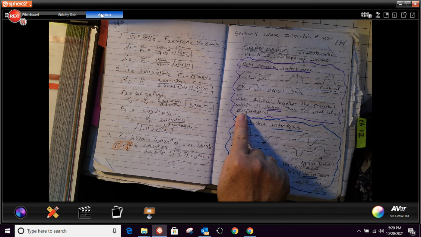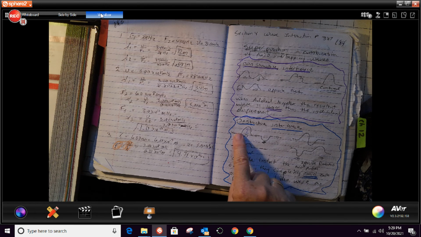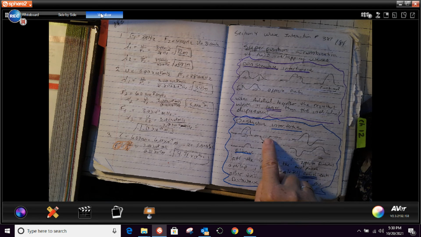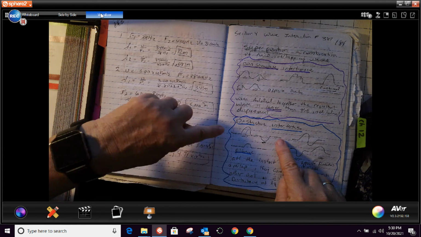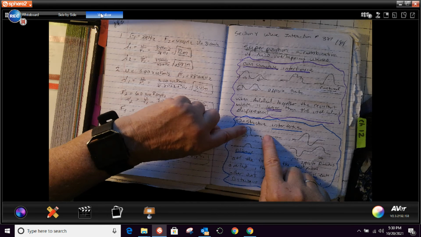The other one you would learn here is destructive interference. As you can tell here, you have one wave on the medium at the top in the positive direction. You have another wave coming underneath in the negative direction. If you look, you can see the magnitude of this one compared to this one.